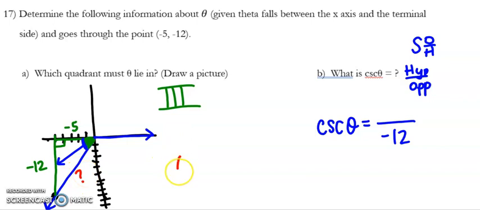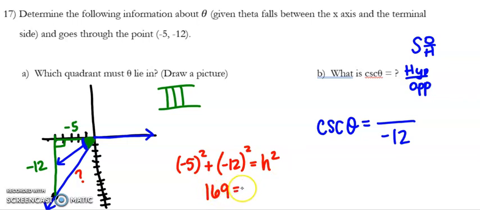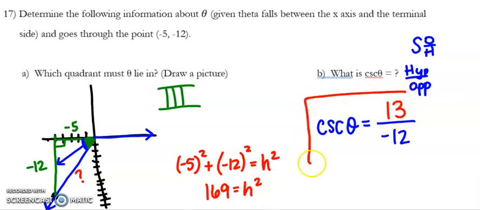So I'm going to use the Pythagorean theorem: negative 5, which is a leg, squared, plus negative 12, which is a leg, squared, equals my hypotenuse squared. I'm going to end up with 169 equals h squared, which means that h itself is 13. There's a 5, 12, 13 triangle out there from your geometry Pythagorean triples.